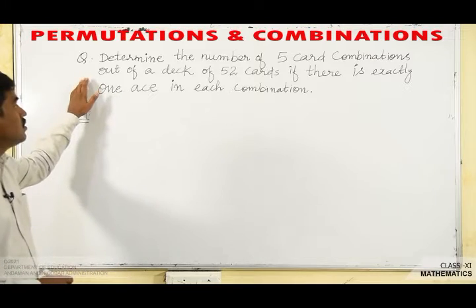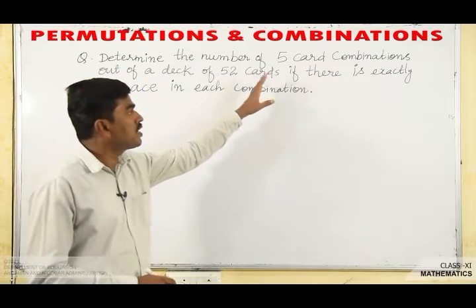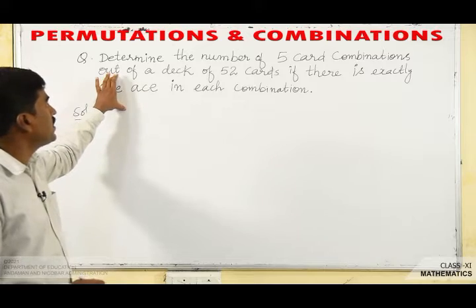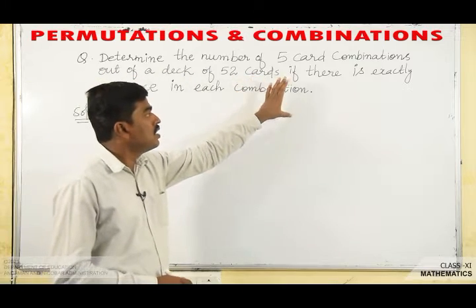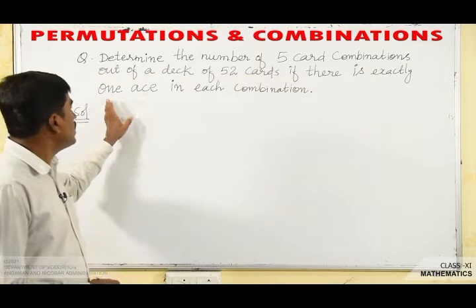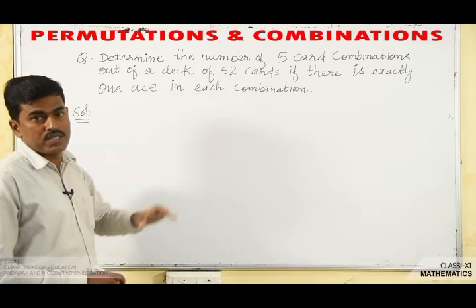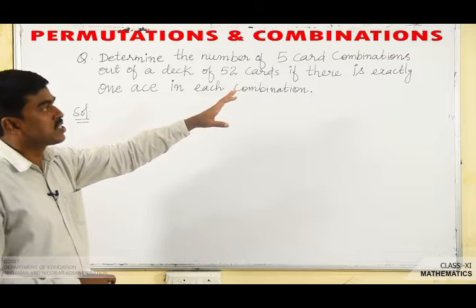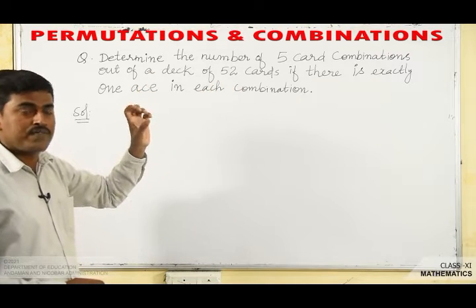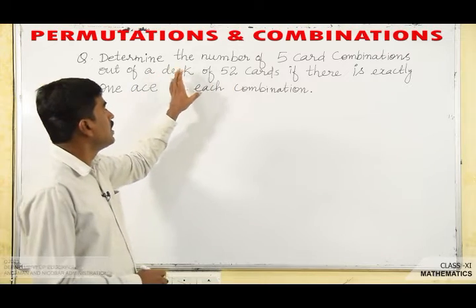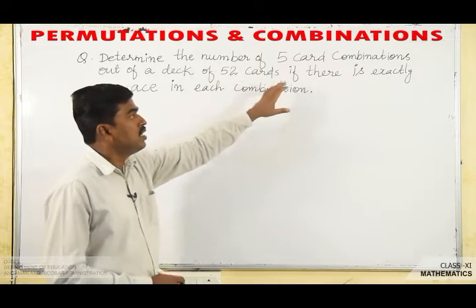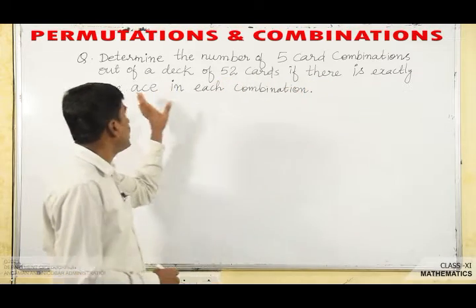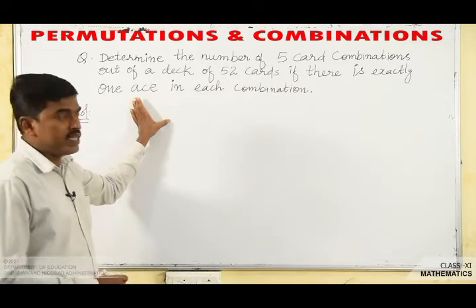Question number 1, determine the number of 5 card combinations out of a deck of 52 cards if there is exactly one ace in each combination. Determine the number of 5 card combinations. That means we have to select 5 cards out of a deck of 52 cards if there is exactly one ace in each combination.